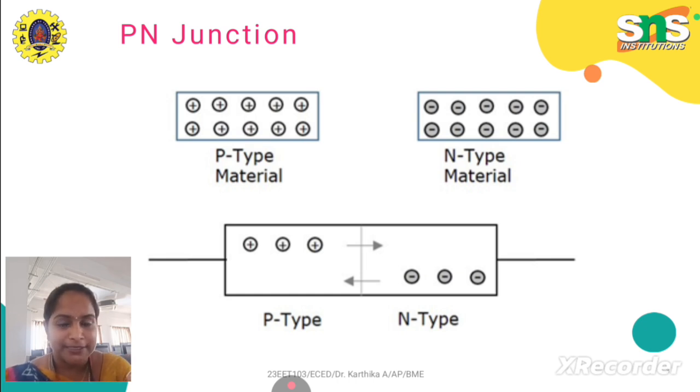In P-type material, holes are majority carriers; in N-type, electrons are majority carriers. By combining both, we make a useful device called a diode. A diode allows the current to flow in one direction. The very basic element is a diode.